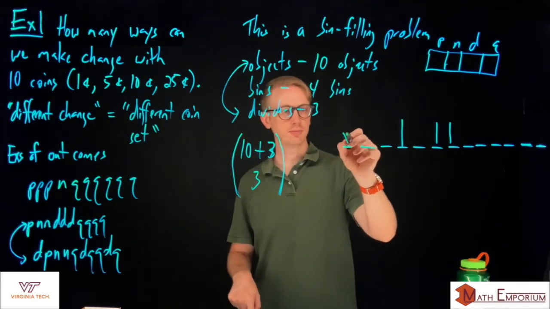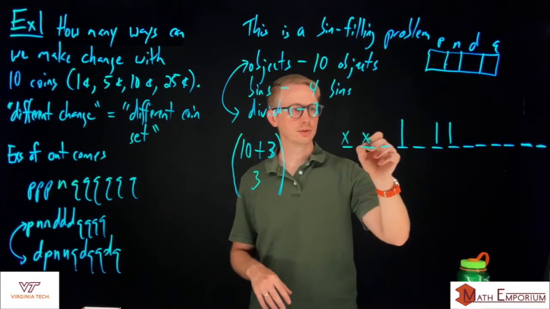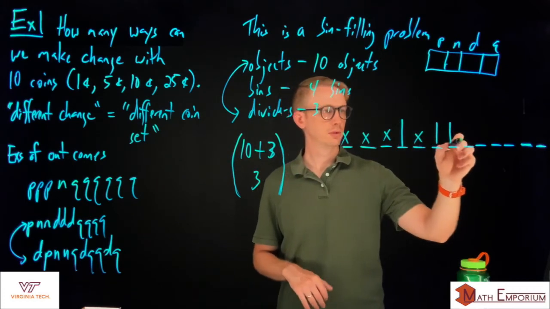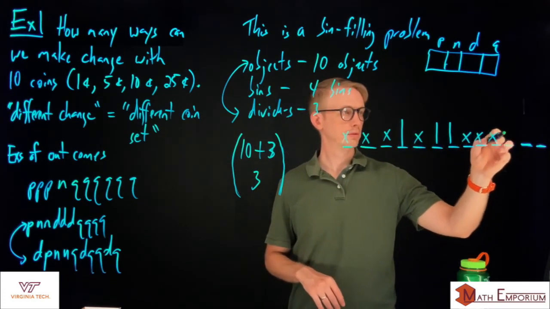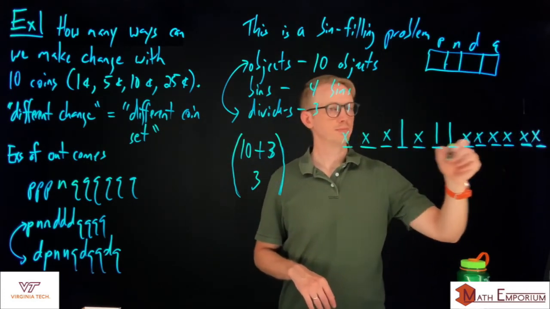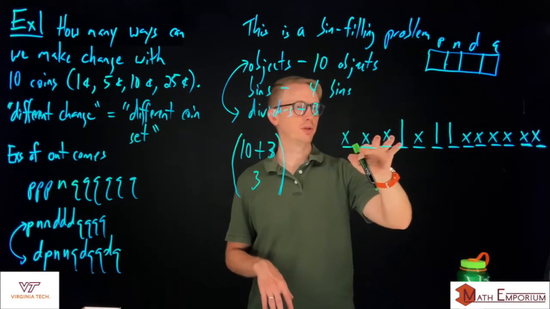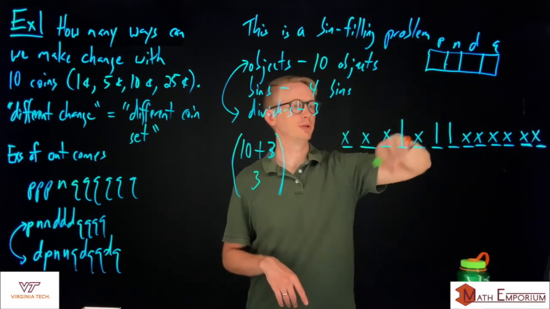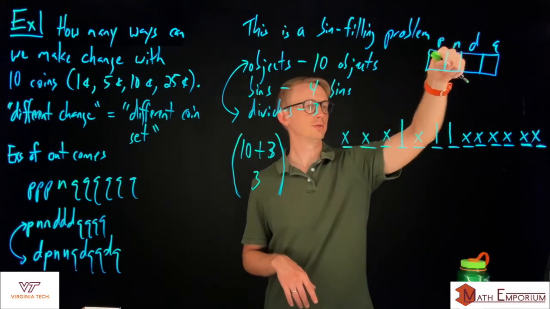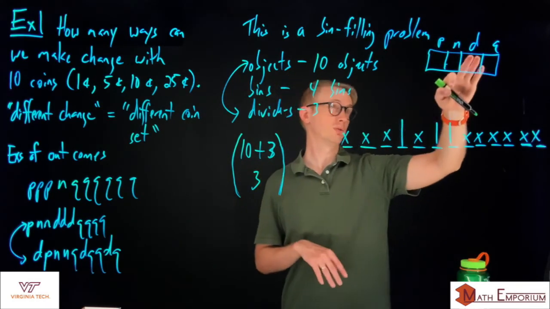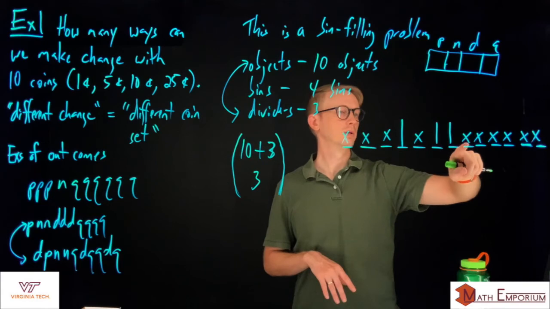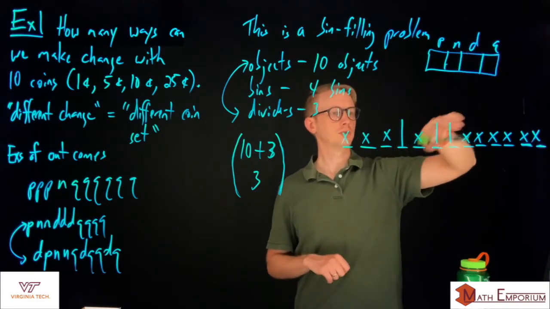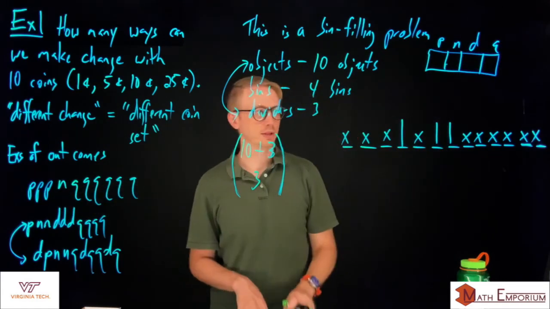So this, without the P's and N's and Q's, would look just like this. If my X's are tokens, I would feed 3 tokens into the penny dispenser and get 3 pennies, 1 token into the nickel dispenser and get a nickel, no tokens into the dime dispenser, and 5 tokens into the quarter dispenser, and ta-da, we end up with this outcome.